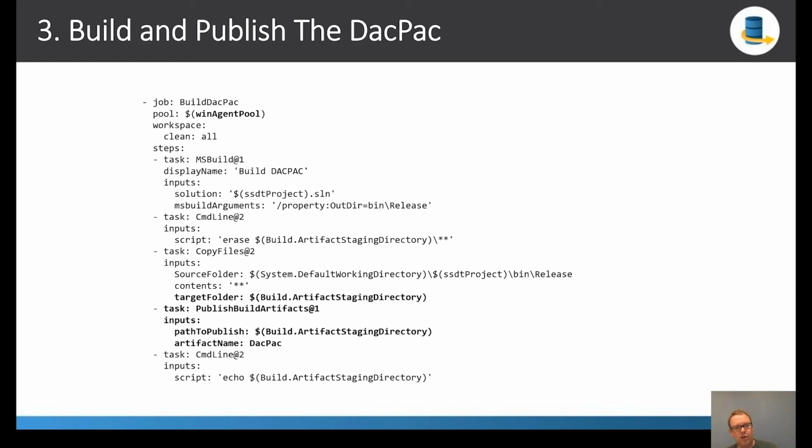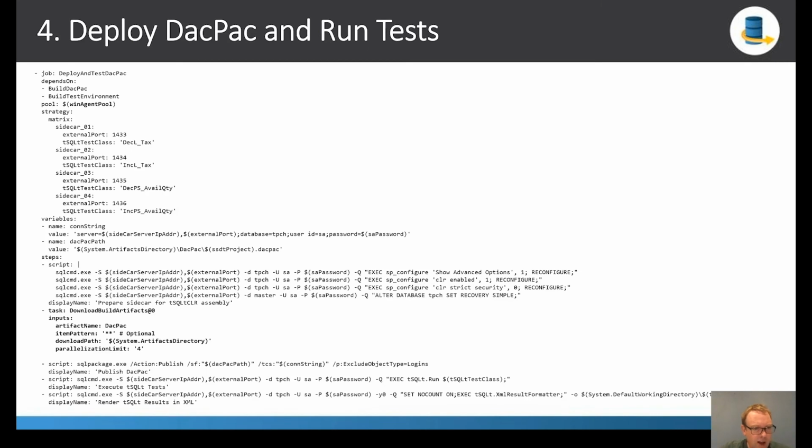So what you do is, on one hand, you publish the artifact to create it in the first instance, okay, and then to actually reuse the artifact later on, you actually download the artifact. Hence, we've got this download build artifact task.